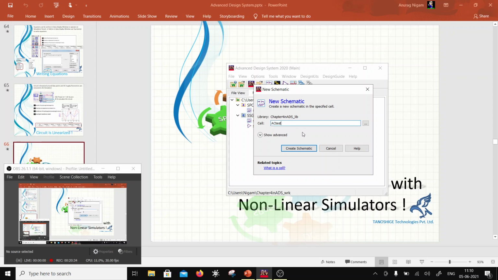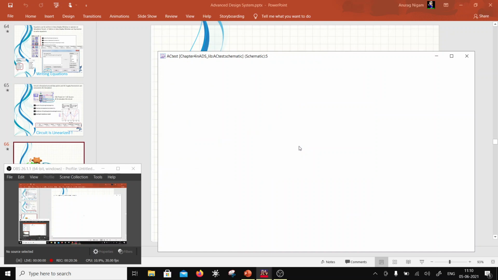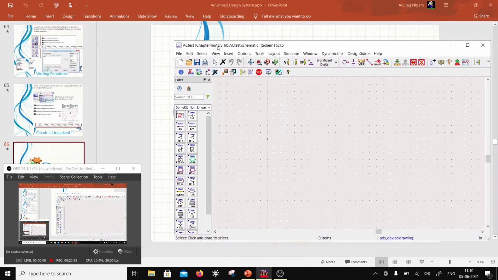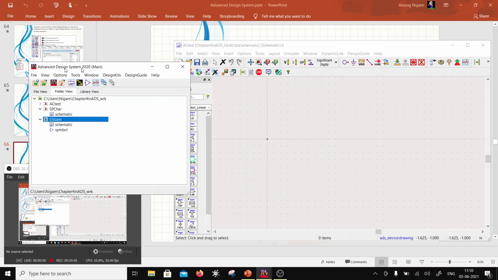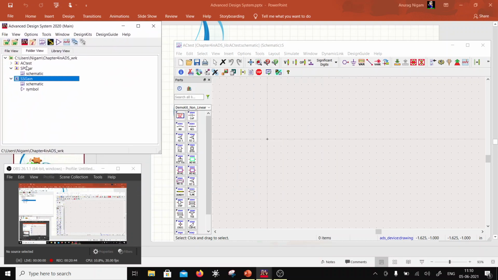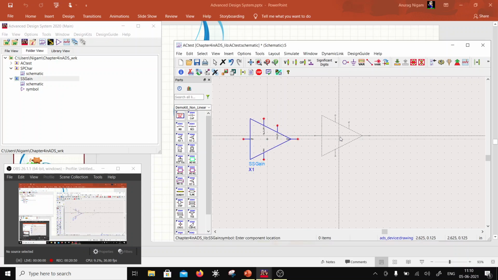So I'm going to do an AC test on an LNA. Now to place the sub design, I'll go to the main window, and from here I can drag, and when I release the button, it's going to come up with the symbol for this. So all I need to do is connect the supplies.